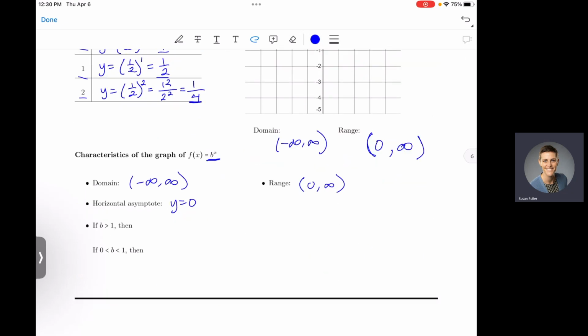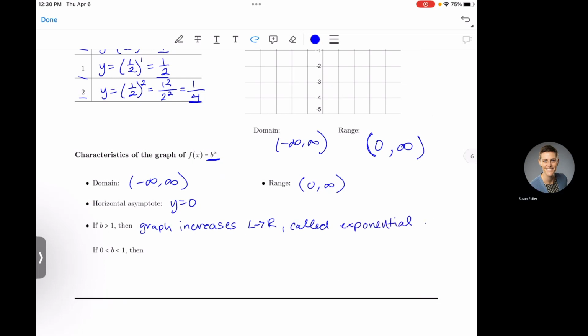That's always going to happen when your base is greater than 1. I'll say your graph increases left to right. Sorry, I'll make that a little more clear. Then your graph increases from left to right. And we call that exponential growth when you increase from left to right.